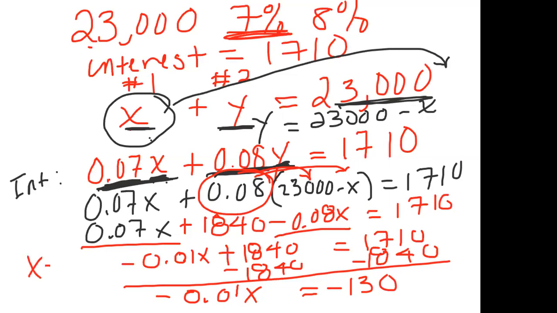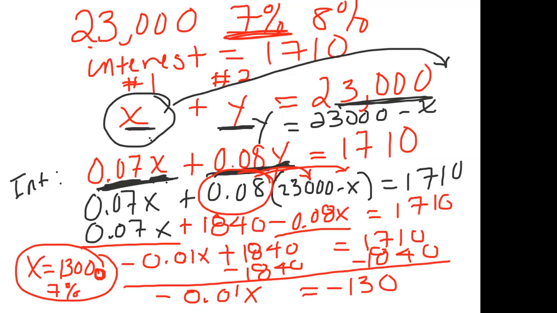Okay, so now what is this telling us? 13,000 is the amount that was invested at what percent, guys? 13,000 is the amount invested at what percent? 0.7. 0.7 or 7%. Excellent.